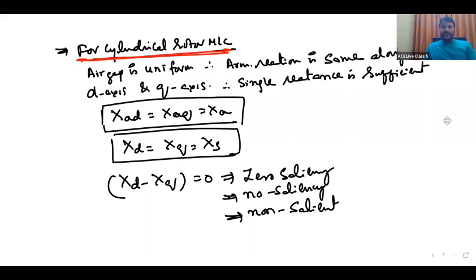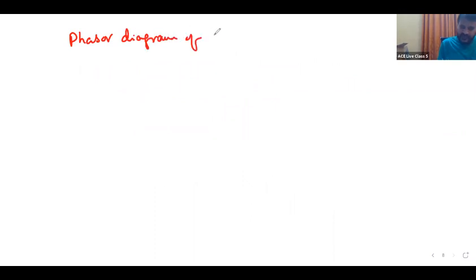So now let us draw the phasor diagram of the salient pole alternator.